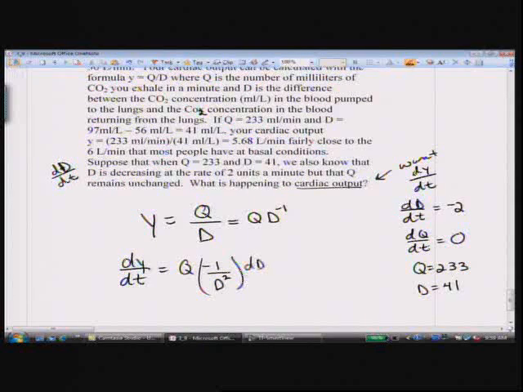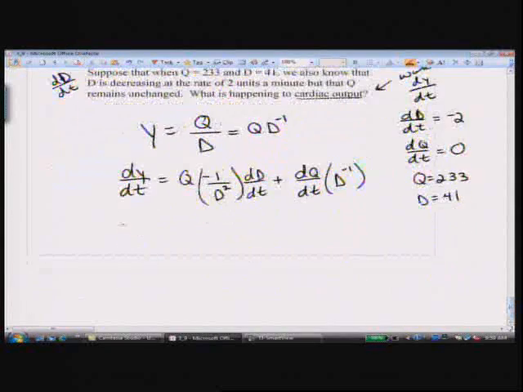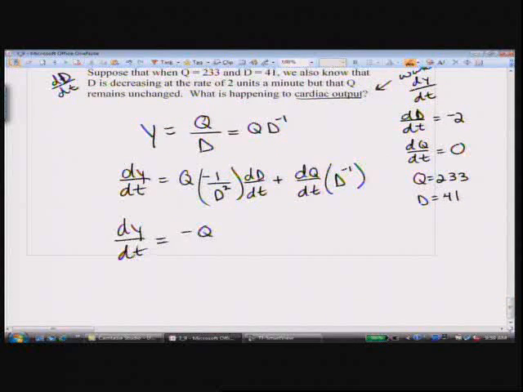And then dD/dt plus the derivative of the first, which is dQ/dt, times V, which is D to the -1. Okay? So you can clean this up a little bit. You can say that dy/dt is equal to -Q over D squared dD/dt plus 1 over D dQ/dt.